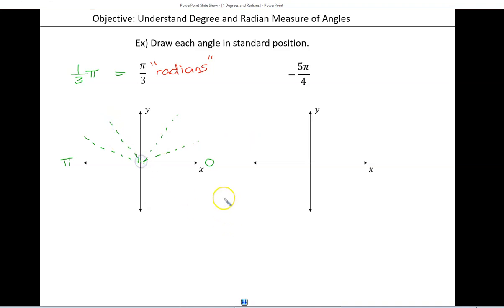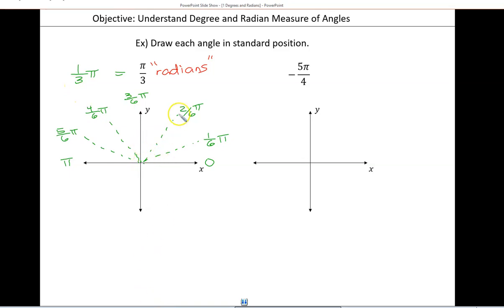There we go. So this is 1/6 of pi, 2/6 of pi, 3/6 of pi, 4/6 of pi, 5/6 of pi, and then 6/6 would be pi. So which one of those fractions is 1/3 equivalent to?